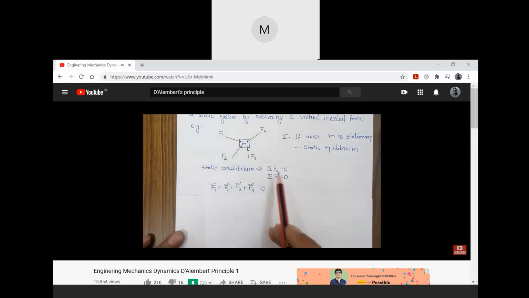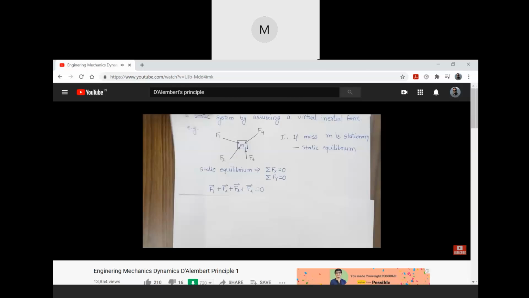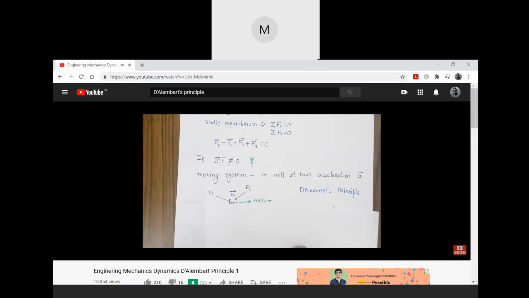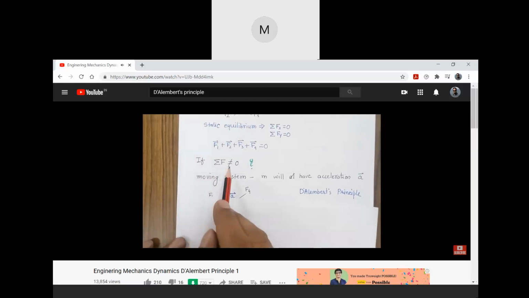We can write this in two ways. We can write that the summation of all the horizontal forces will be zero and the summation of all the vertical forces will be zero, or we can write the vector equation where the summation of the four forces will be zero. Now let's consider the second case where we assume that because of all the four forces the system is moving, or the summation of all the forces is not zero.